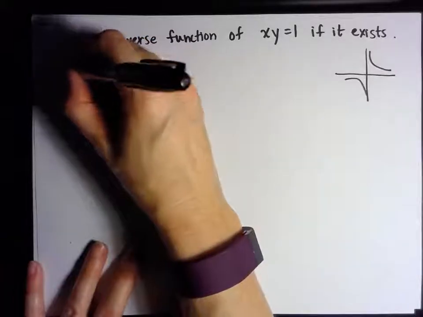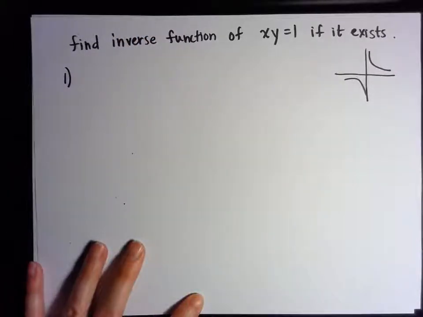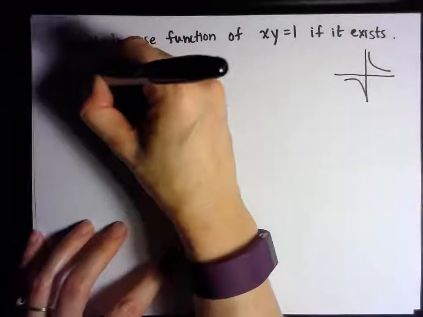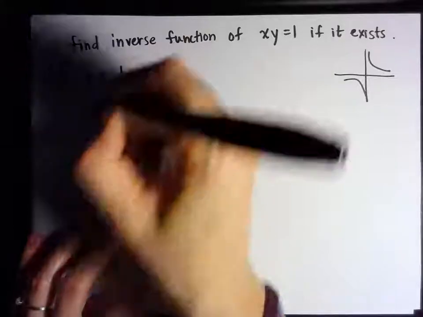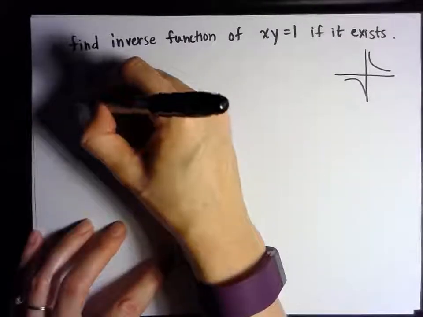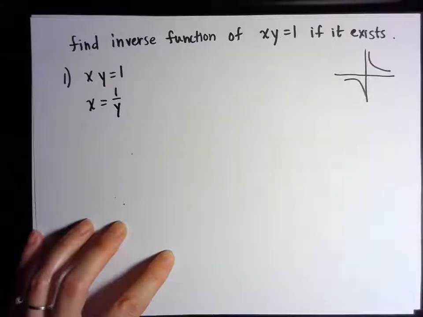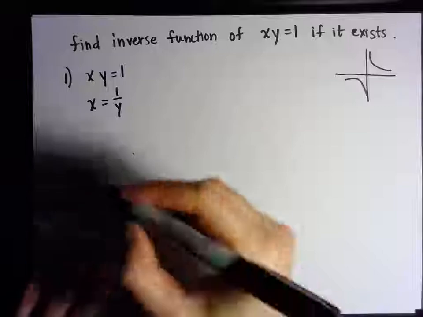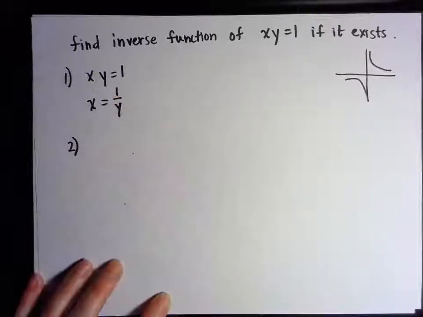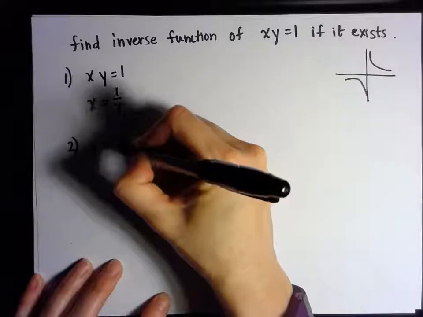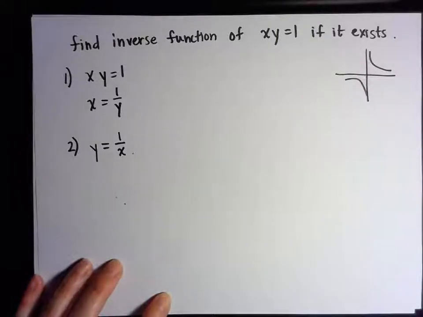So we solve this for x. We have xy equals 1. So x equals 1 over y. And then we swap. So y is going to equal 1 over x.